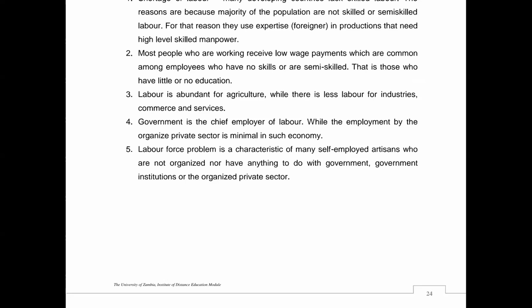So labor is abundant for agriculture, while there is less labor for industries, commerce, and services. That's what usually happens in developing countries, and usually the government is the chief employer of labor during that time. So you see that problem.